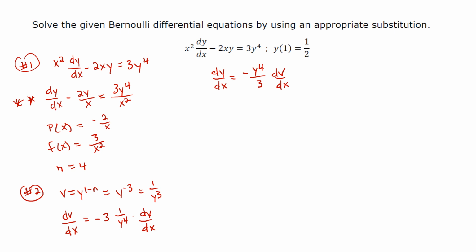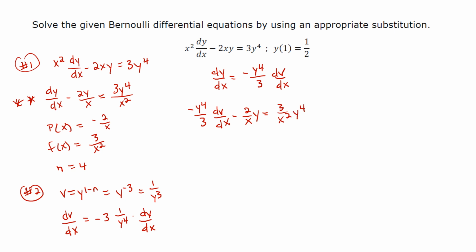So we'll have negative y to the 4th over 3 times dv dx minus 2 over x y equals 3 over x squared y to the 4th.